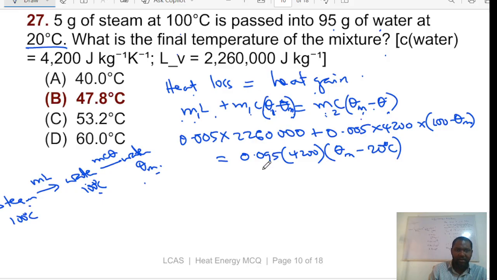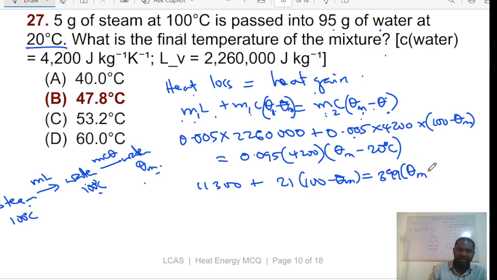The first one is giving me 11,300, plus this times this, which is 2100 minus theta m, is equal to this one, 399 into theta m minus 20.